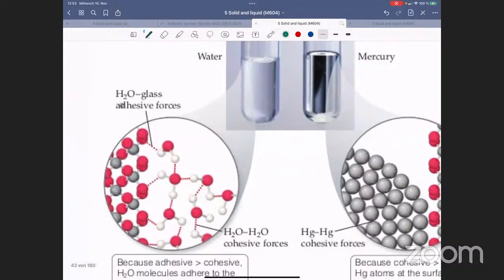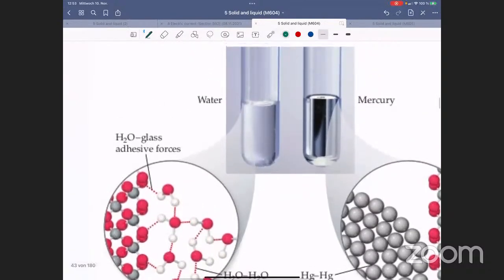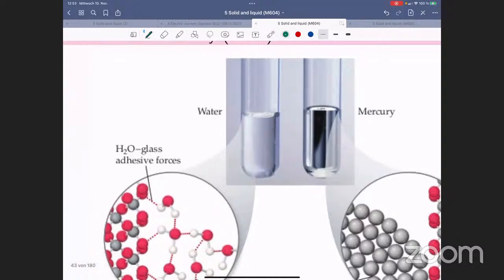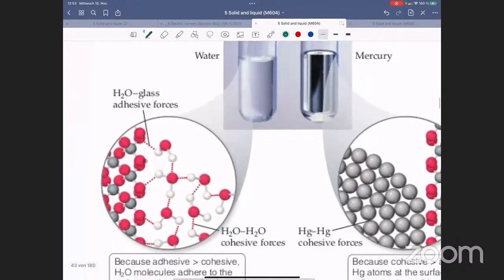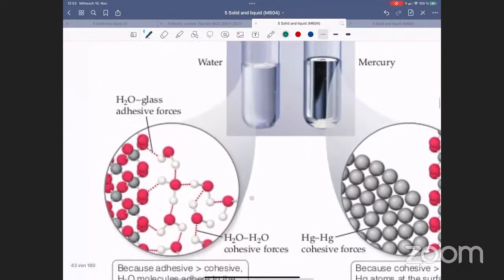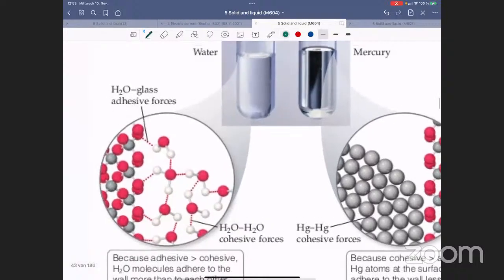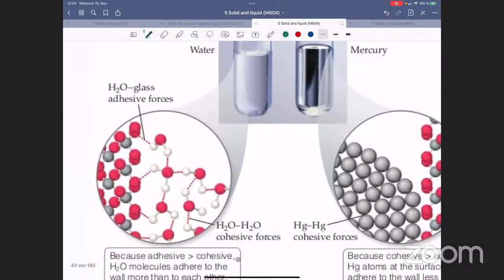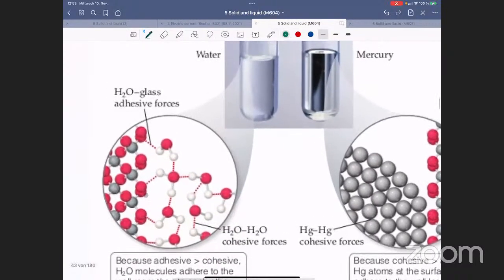Okay, in order to explain what happens in nature, we will consider 2 kinds of force. The first one is the adhesive force, and the second one is the cohesive force.